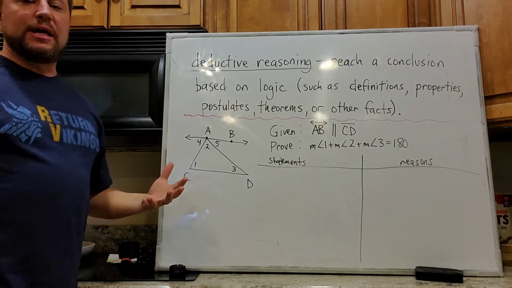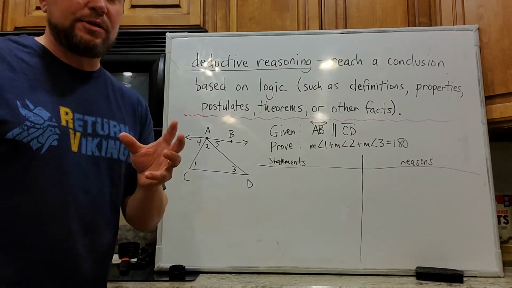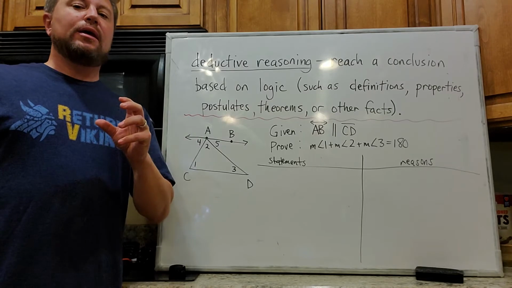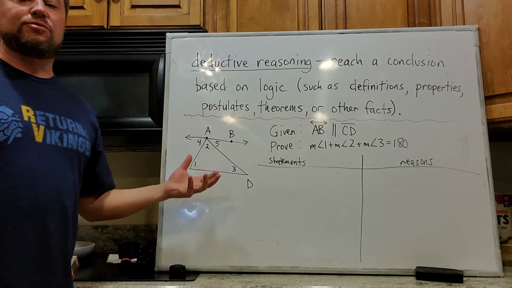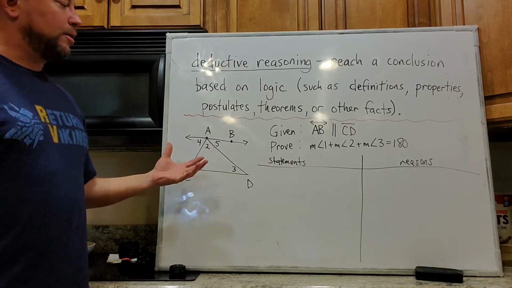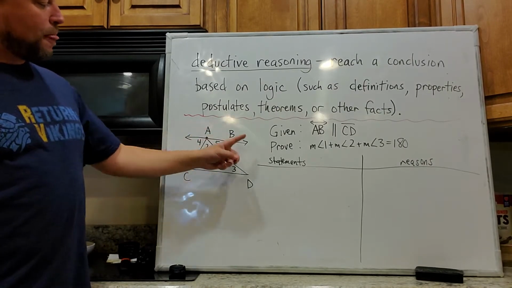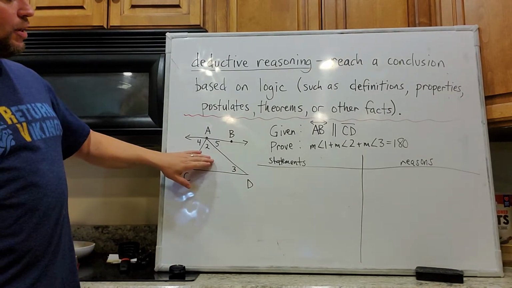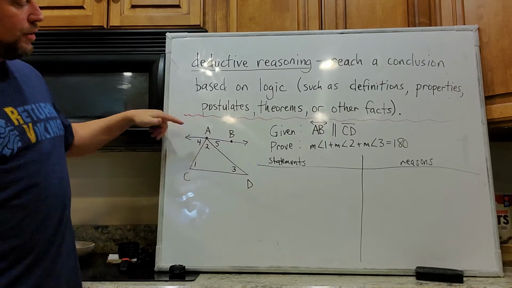So let me give you an example. This is an example which I don't expect you to be able to do just yet, but I want to show you an example of a geometric proof. In this picture, I've got a triangle, and I've drawn a line through the top vertex.